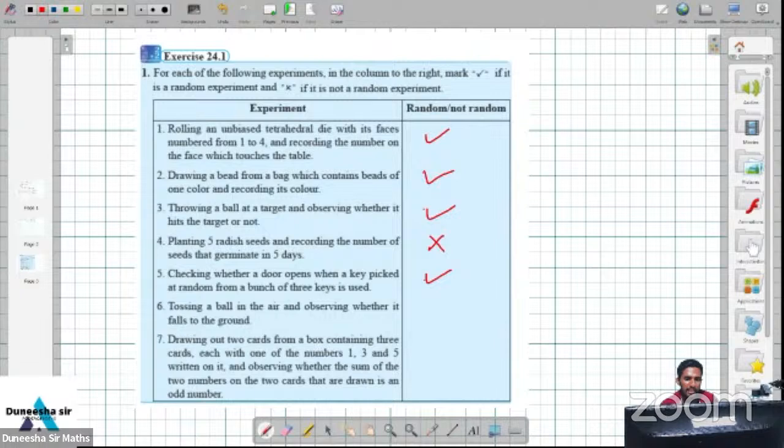No, sir. If I throw an eraser or a compass into the air, it always falls to the ground.